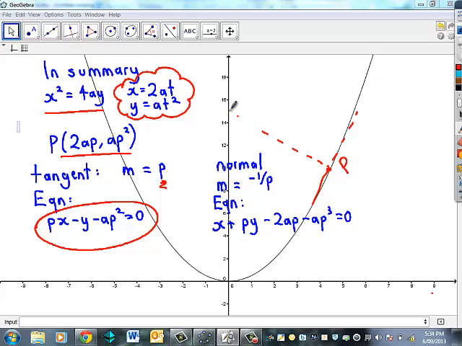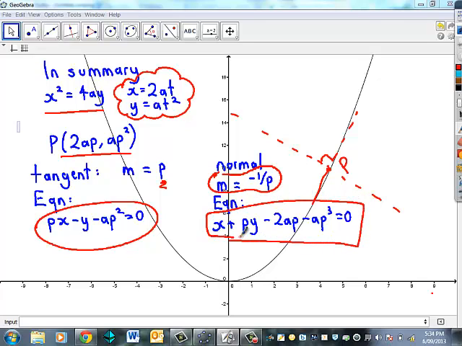Similarly, we can find the equation of the normal drawn at P, where its gradient is given by the negative reciprocal of p, or minus 1 over p, and its equation is given by this relationship here in general form.